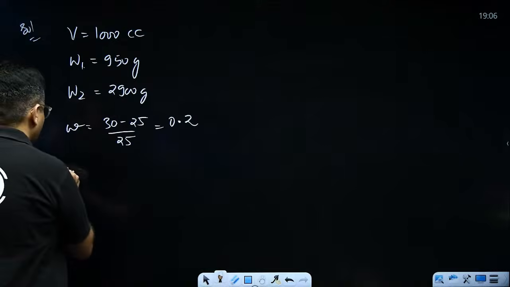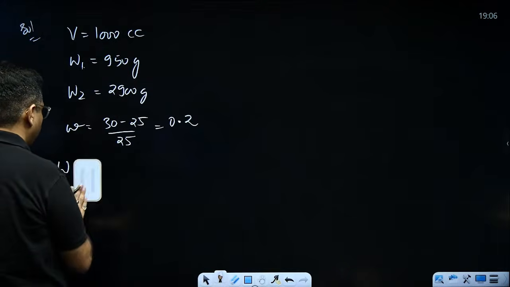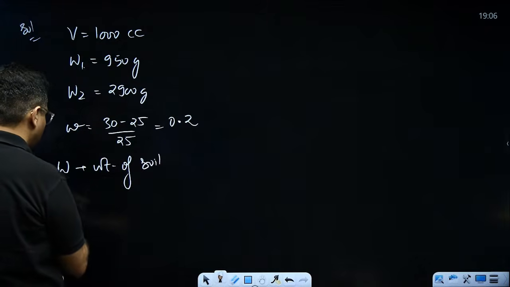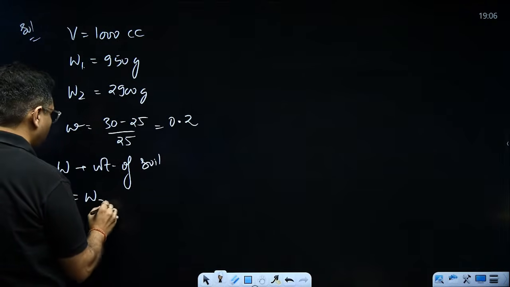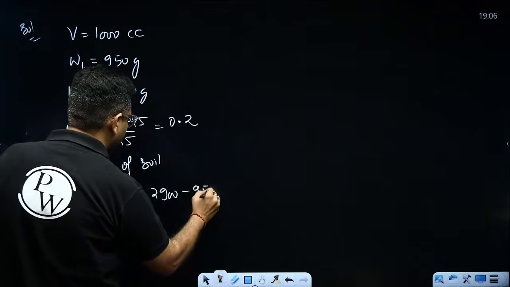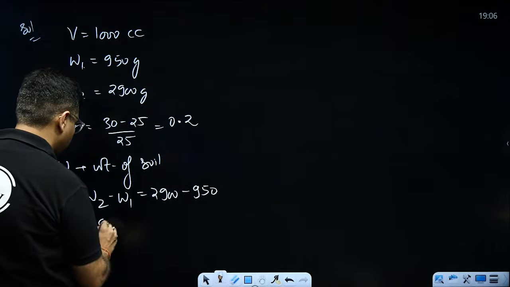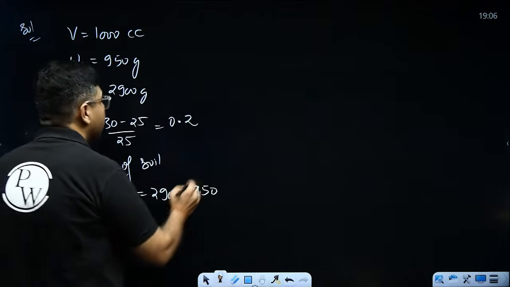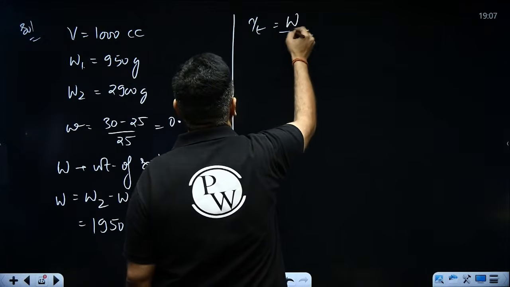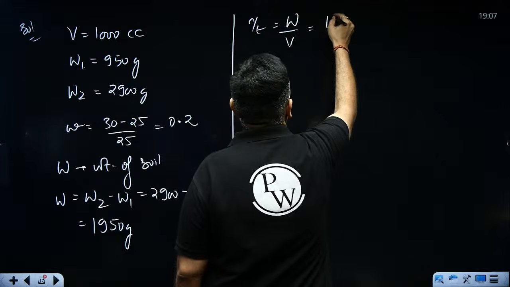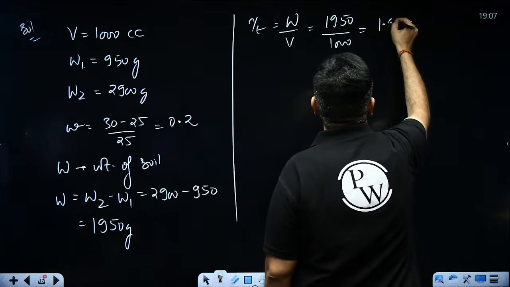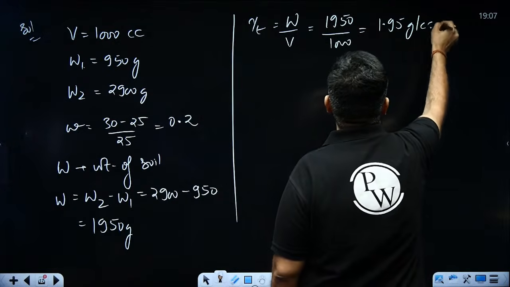Weight of soil W is W2 minus W1, 2900 minus 950, 1950 grams. Now, gamma T will be simply equal to W by V, that is 1950 upon 1000, that is 1.95 gram per cc.